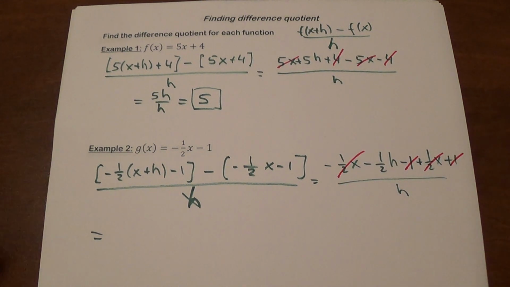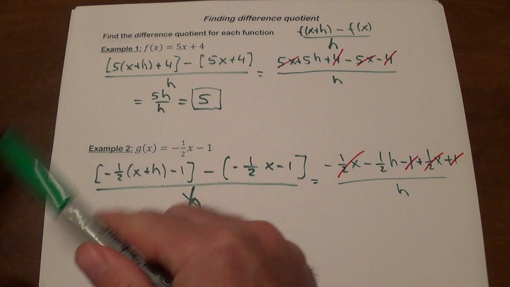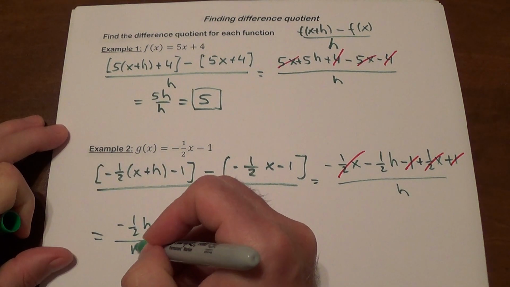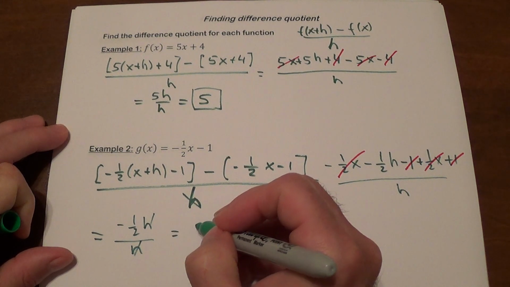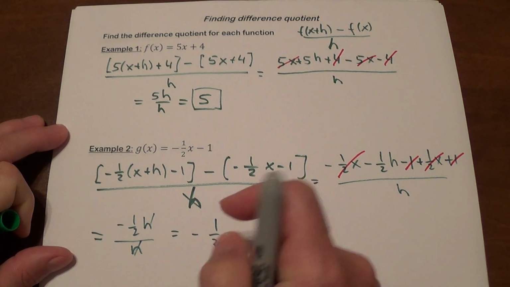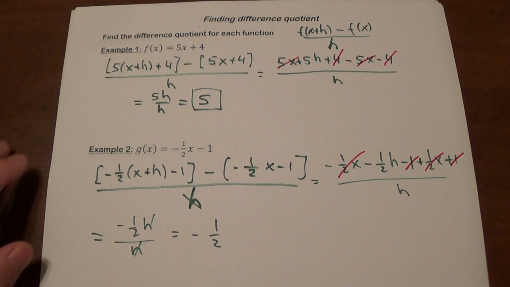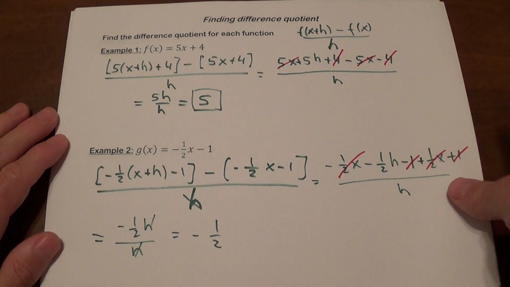Negative 1 and positive 1 cancel, and you're going to be left with negative 1/2 h. Negative 1/2 h divided by h is cancelled, and you're going to get negative 1/2. You may notice that in both of these problems, their answer is actually consistent with the number in front of x, and I will address that towards the end of the video.